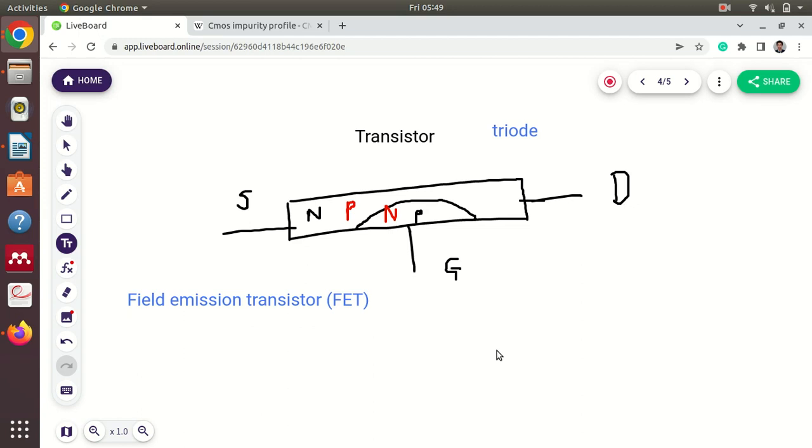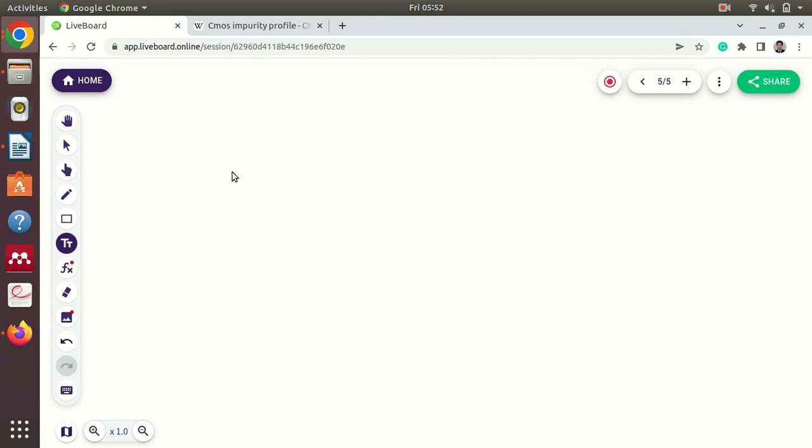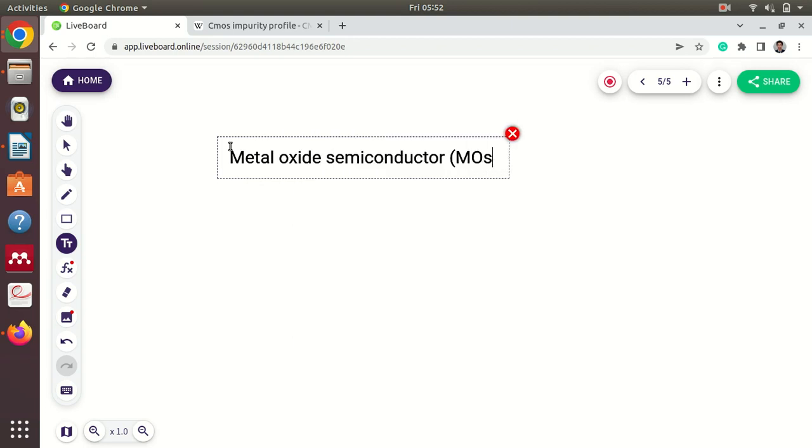Now there are some FETs we are going to see on the basis of metal oxide semiconductor. There are some metal oxides which can behave as a semiconductor, so they are called MOS, and FET. FET you have seen the definition earlier, that is field effect transistor. So we have different types of MOSFET.